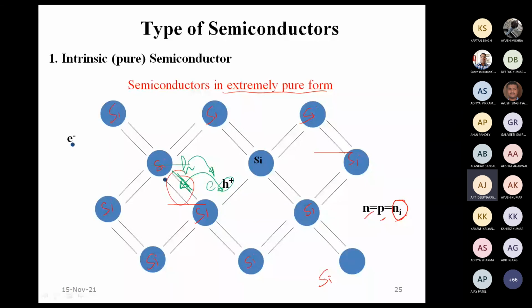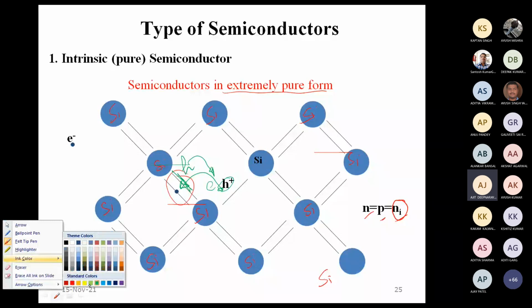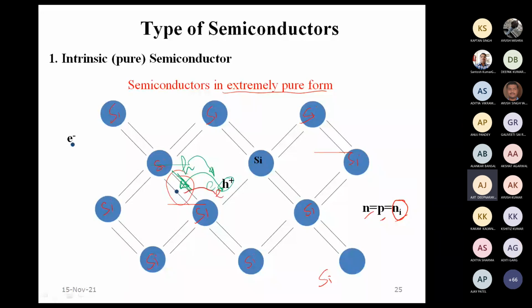So this is how the vacancy, or the positive charge, or the hole, whatever we call it, is moving from one place to another. Also we can see that the electron actually moved from this side to this side, and the hole moved in just the opposite direction.